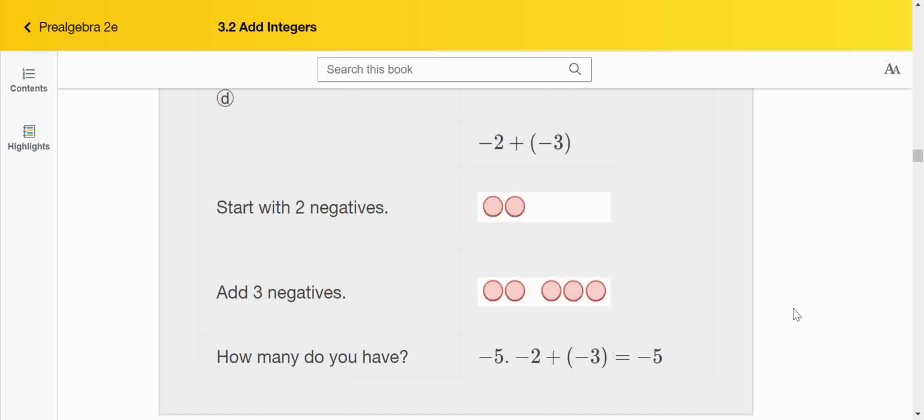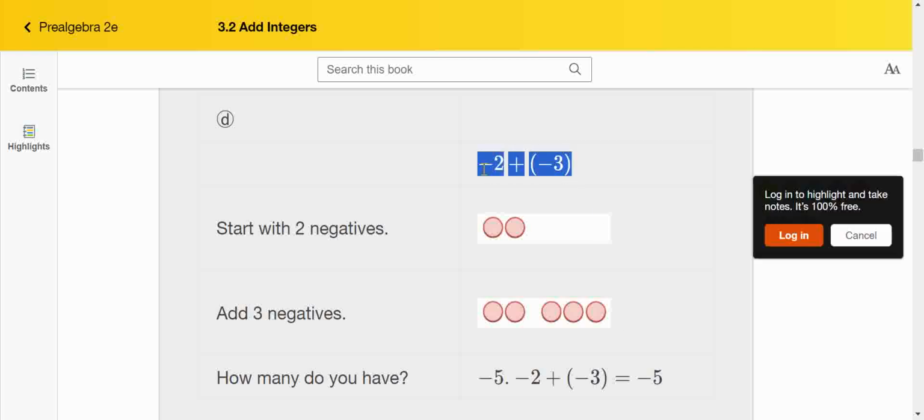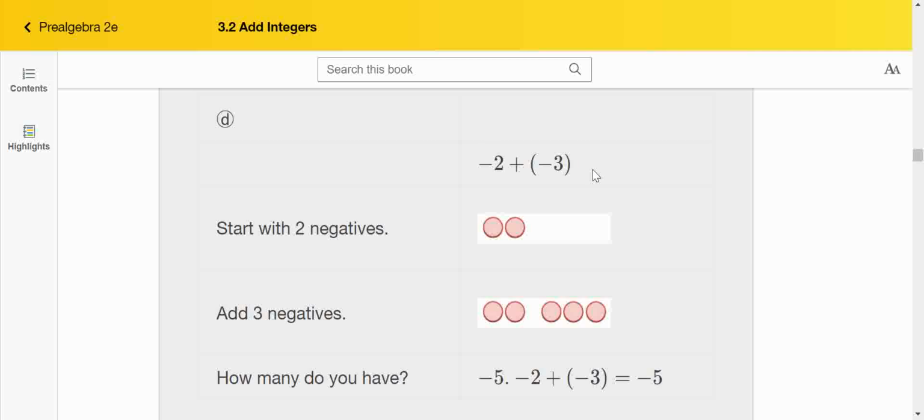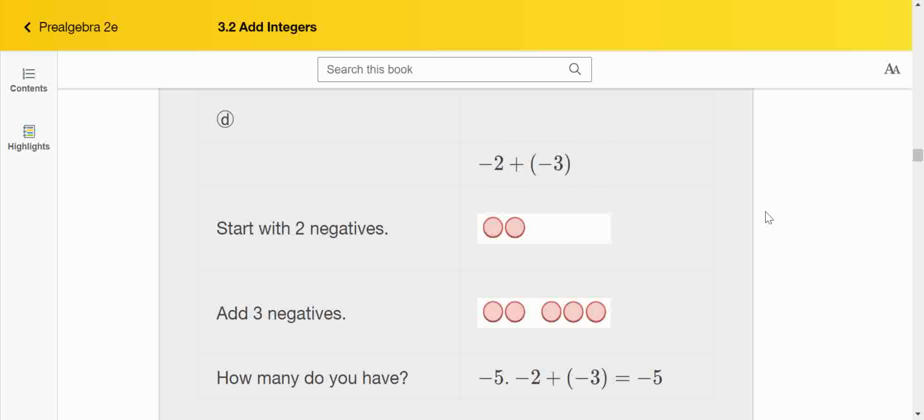Okay, so this is a good way to model adding integers. You'll notice expressions here. This is also a type of modeling. So there are many ways, or there can be many ways to represent mathematical expressions or statements.